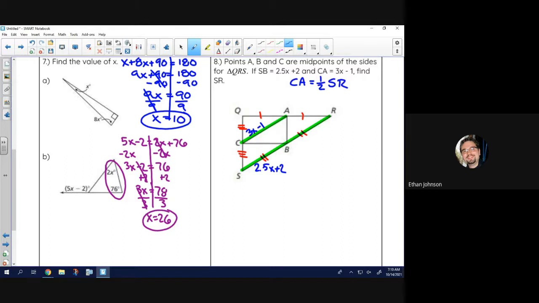CA equals half of the full length of SR. Well, we kind of know what the half of SR is.